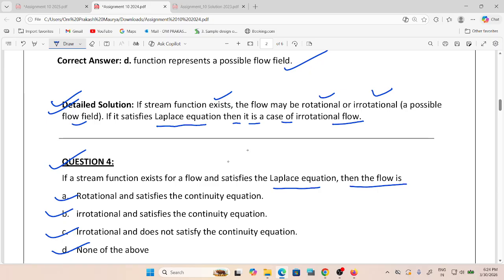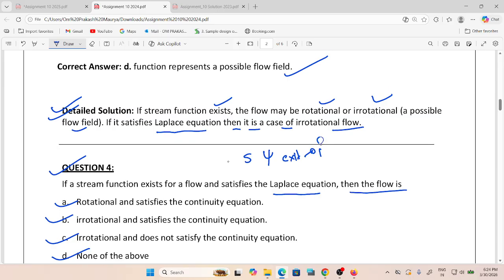If a stream function psi exists, what does it indicate? The possible flow. And this flow may be rotational or irrotational. The two things can happen.